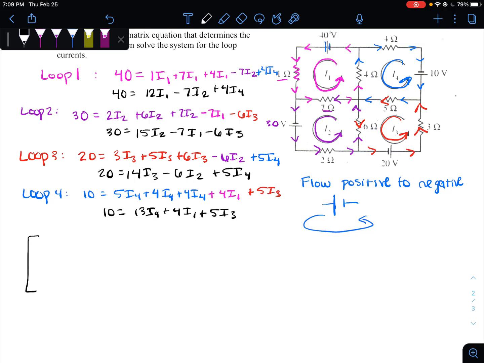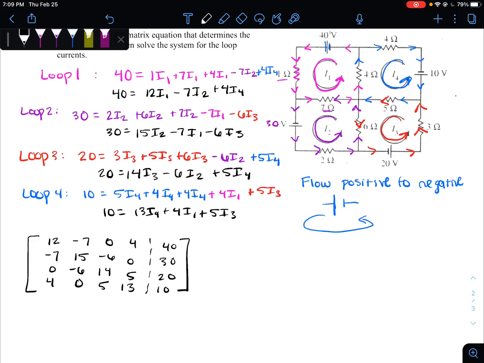So my matrix looks like 12, -7, 0, 4, -7, 15, -6, 0, 0, -6, 14, 5, 4, 0, 5, 13. Those are my coefficients. My augmented part is 40, 30, 20, 10.